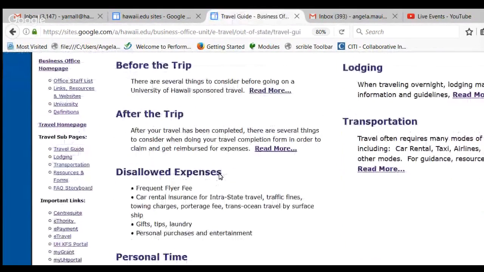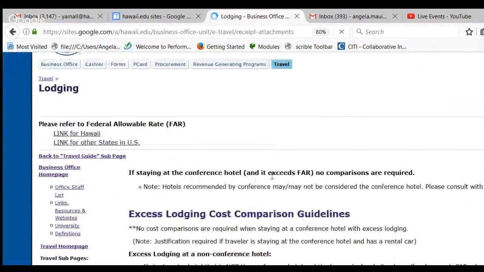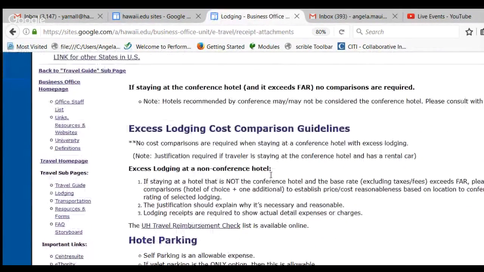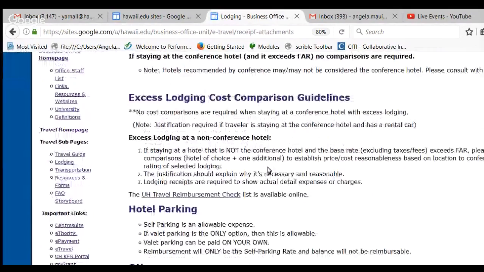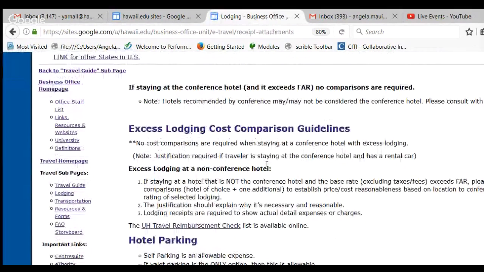If you stayed overnight, what would you need, do you think? Lodging. Okay. Is that helpful? Do you like it in bullets better than a paragraph?